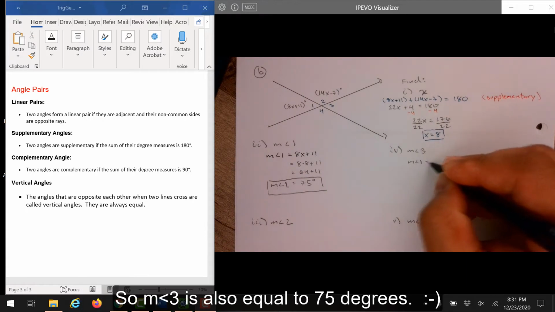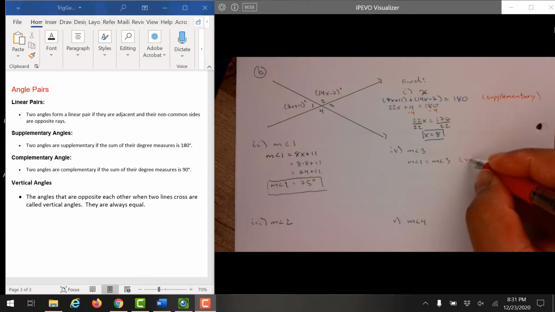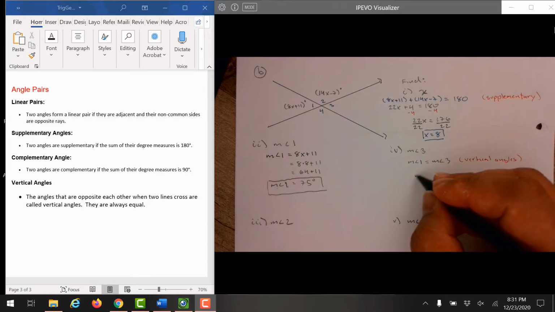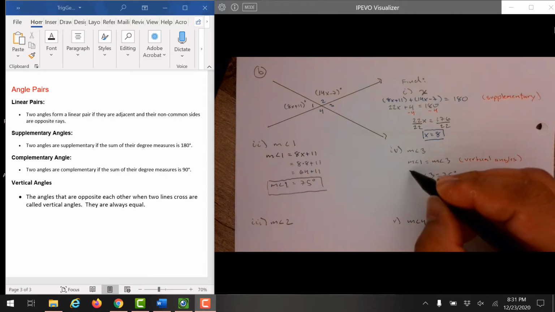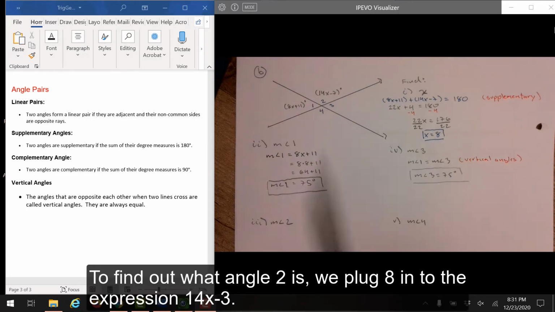So measure of angle 3 is also equal to 75 degrees. To find out what angle 2 is, we plug 8 into the expression 14x minus 3.